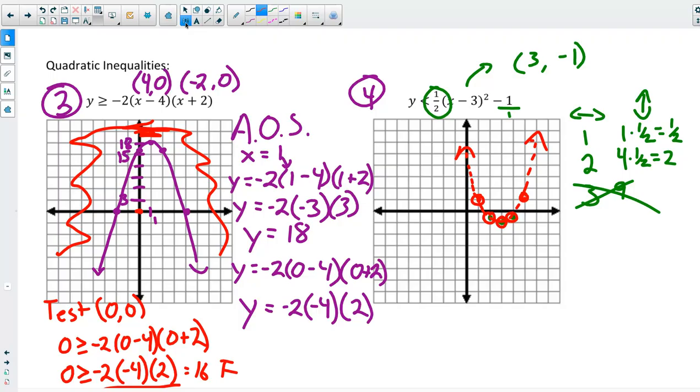All right, Eli, what's the question? How do you graph the 1/2 and 2? Okay, so I use both of these things. So the one is going left and right from my vertex. So this dot, I'm going to clean that picture up a little bit.